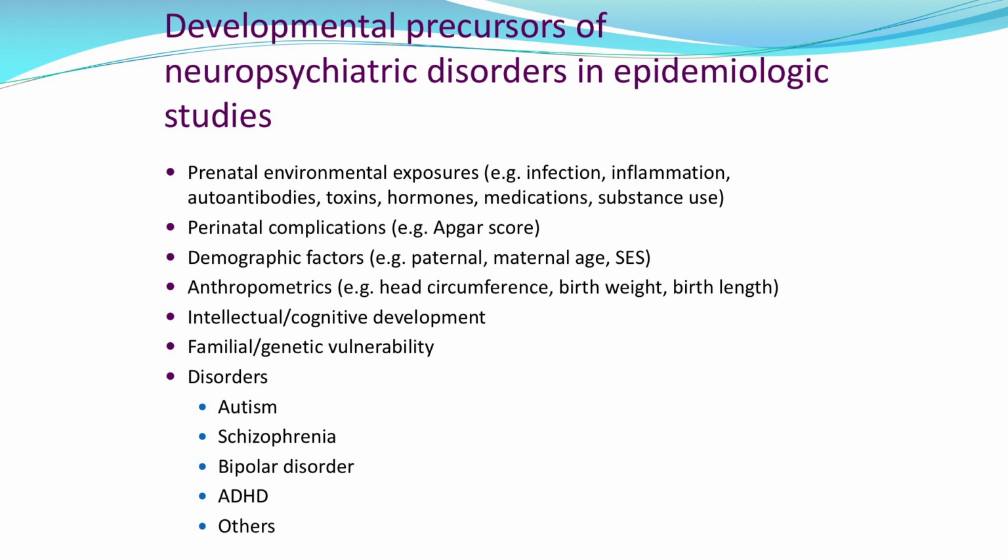Perinatal events have been associated with a number of these outcomes, as have demographic factors like maternal age, anthropometric abnormalities, and I'll be talking a little bit later about head circumference, premorbid intellectual and cognitive development, and familial genetic vulnerability. The disorders probably most studied in these epidemiologic studies are autism, schizophrenia, bipolar, ADHD, but a variety of others that our group is also exploring in a birth cohort that I'll be telling you about.